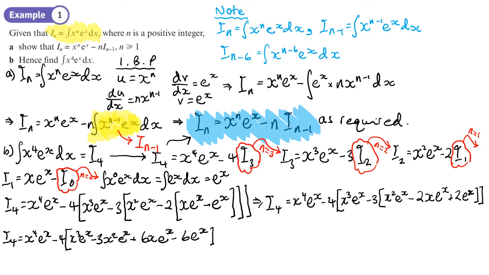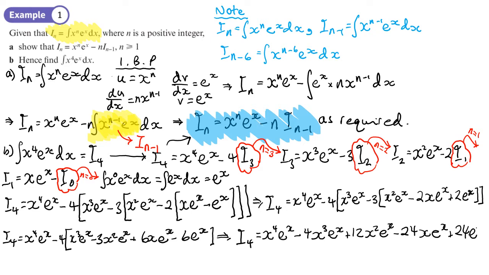Okay, and then we just got one set of brackets to expand. Now notice there's nothing to simplify. We've got things here in descending powers of x. So our final answer, I sub 4, is x to the power 4 e to the x minus 4x cubed e to the x plus 12 x squared e to the x minus 24 x e to the x plus 24 e to the x.